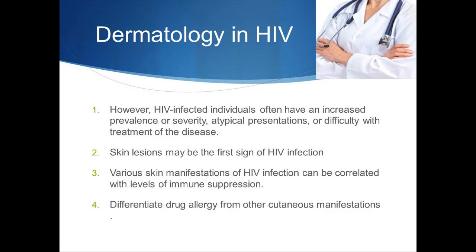Second, because these various skin conditions can sometimes correlate with the level of immune suppression. So if you are in a resource-limited setting and you're not sure what the CD4 count of this patient is, doing a good dermatological exam, looking inside his mouth, and being able to diagnose some cutaneous lesions will give you an idea of the immune status of this patient. And third, to hopefully help you avoid the unnecessary discontinuation of some very successful ART, thinking that it's a drug allergy.